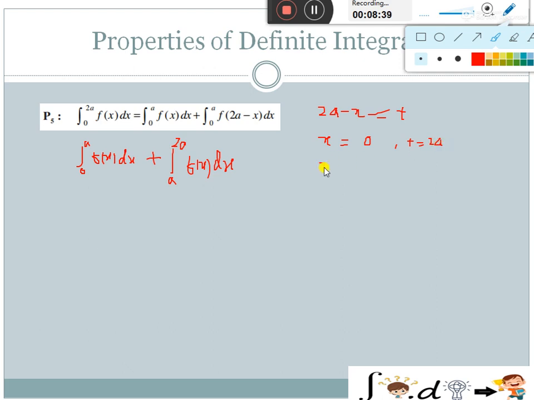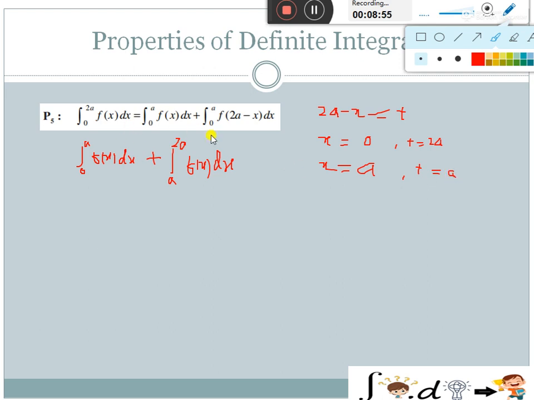And when x is equal to a, then t is equal to 2a minus a, that is equal to a.